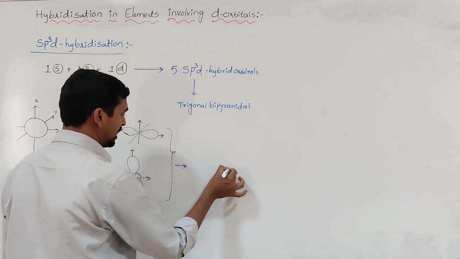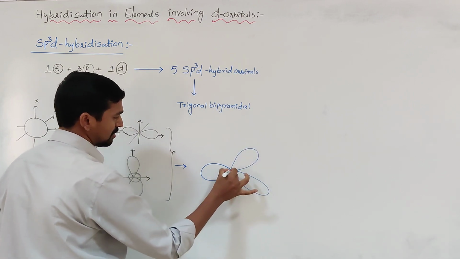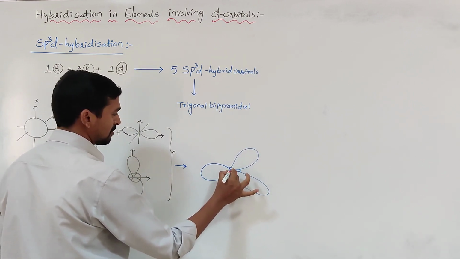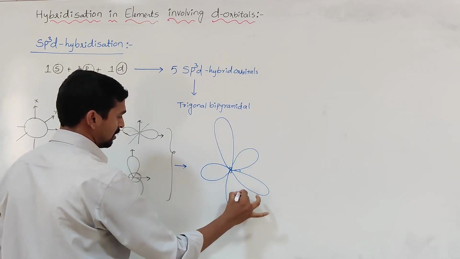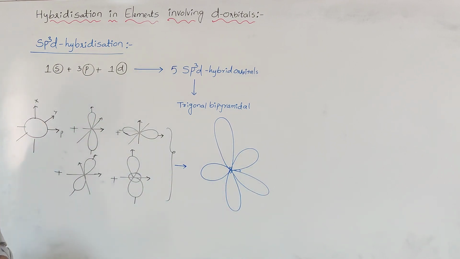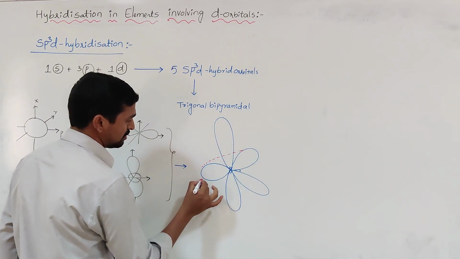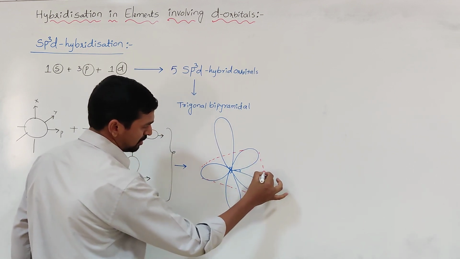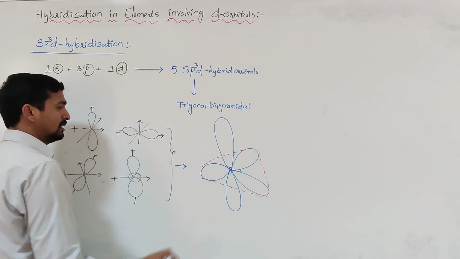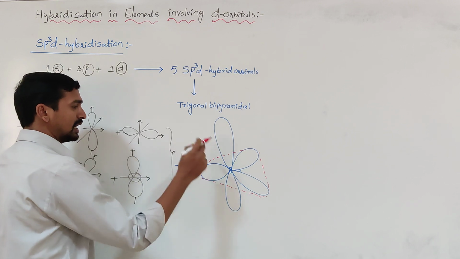In the trigonal bipyramidal geometry, the 3 sp3d hybrid orbitals are present on the plane. The remaining 2 are perpendicular to the plane. So these 3 are equatorial and these 2 are axial.